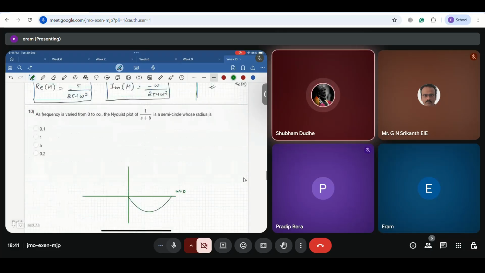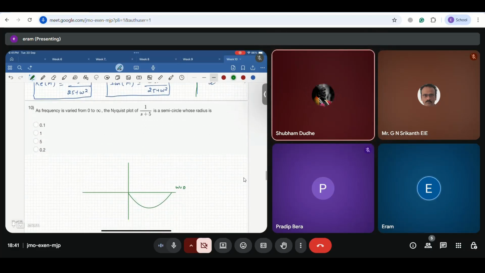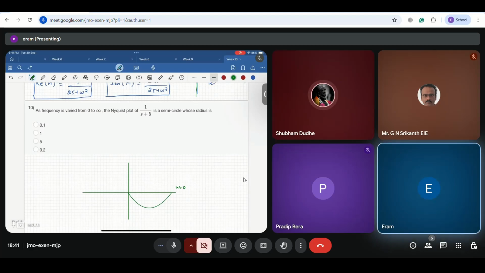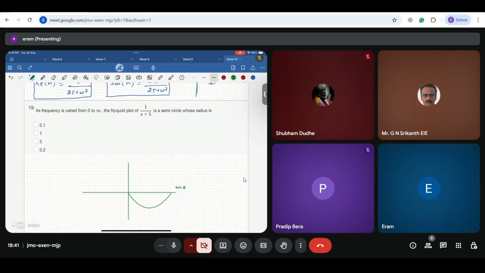The real part is 1 by 5 and the imaginary part is 0.